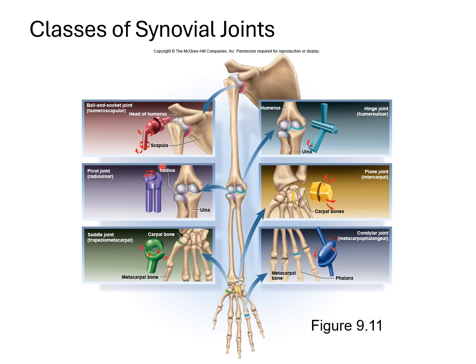The pivot joint just allows rotation, and that's your radius rotating back and forth. The saddle joint is kind of like you sitting on a saddle. Those are the little saddles between the carpal bones and your thumb. It allows some movement, but not a lot. Hinge, on the other hand, is just back and forth, just like a hinge on a cabinet. It's your humerus to your ulna. Plane joints are where bones just butt up together and can slide past each other.